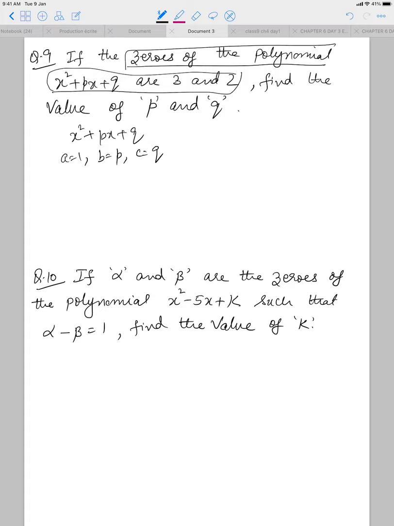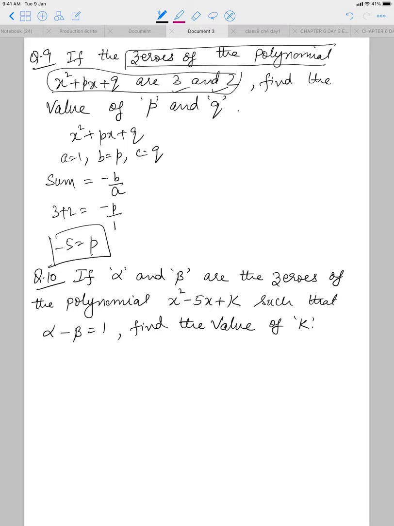Okay, find the values of p and q. Now we'll say sum of the zeros is given by the formula minus b upon a. Now in place of sum, can I write 3 plus 2 is equal to minus b by a, that is minus p upon 1. So that gives you minus 5 is equal to p.